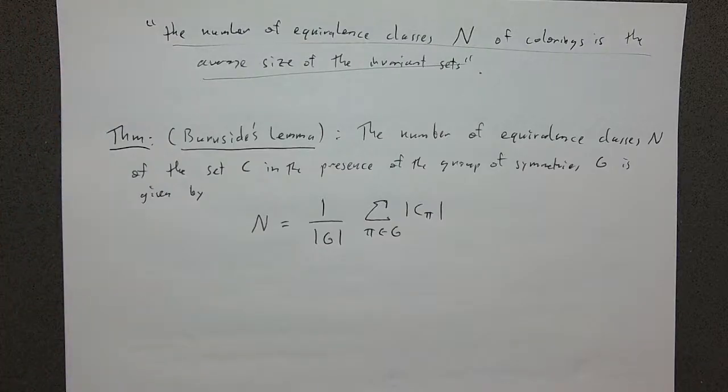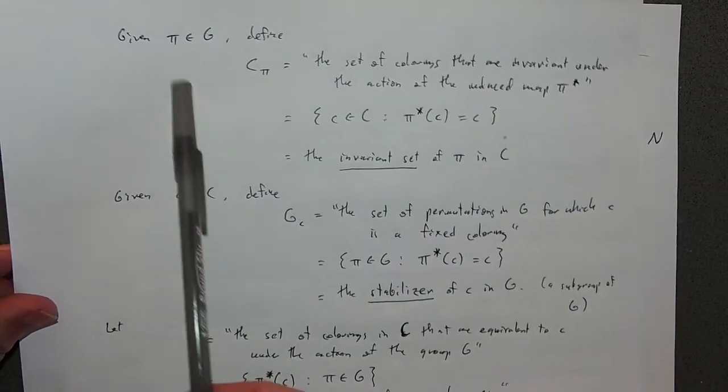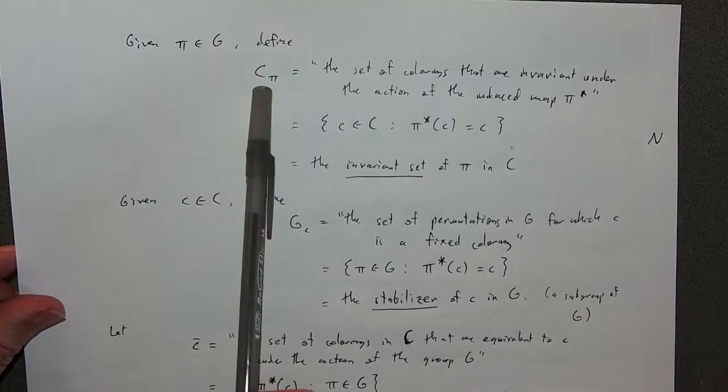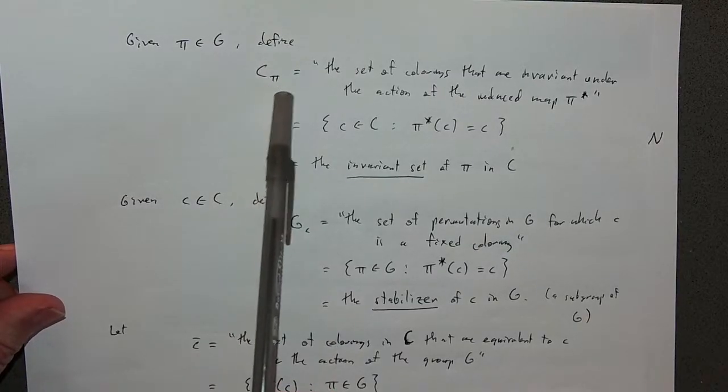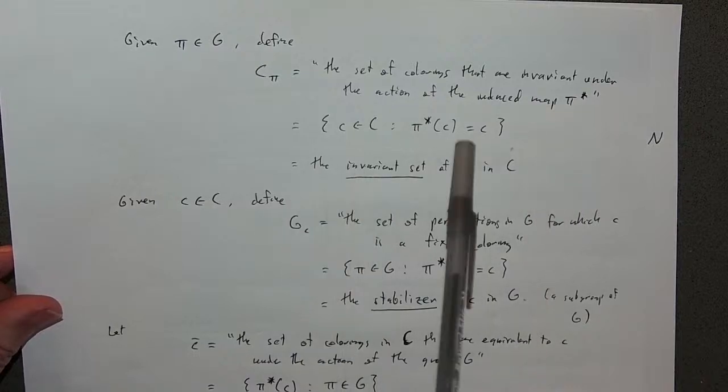Just to remind you, we defined the invariant set thusly, right? So for a permutation in G, the invariant set C sub pi is the set of colorings that are invariant under the action of the induced map pi star.